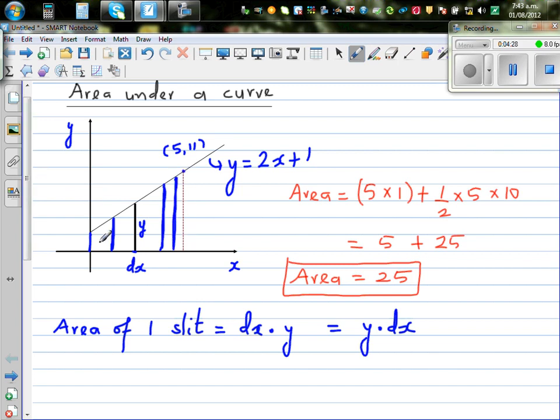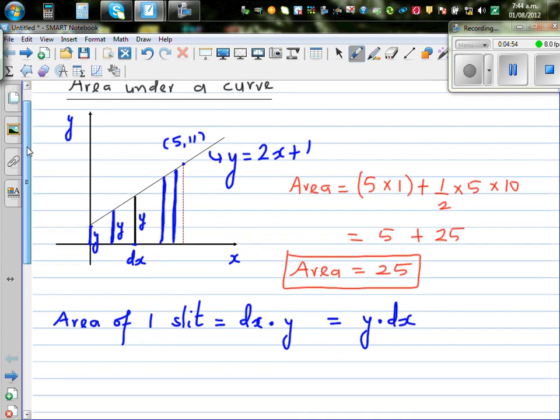Is it clear? This is an infinitesimally small rectangle, which has, of course, width dx. The width is infinitesimally thin, and your height is going to change. So this is your y at this point, this is your y at this point. So if this width is infinitesimally thin, your height is going to change, and if you add all these rectangles, you'll get the area under the curve.